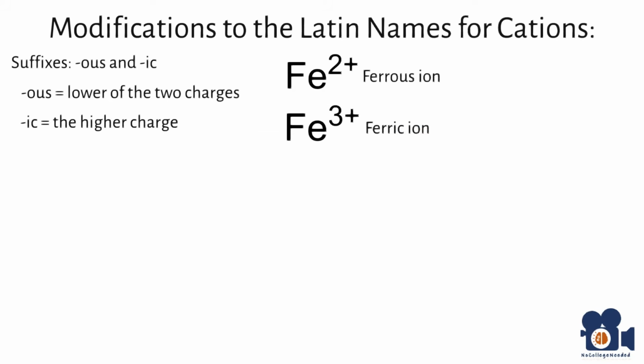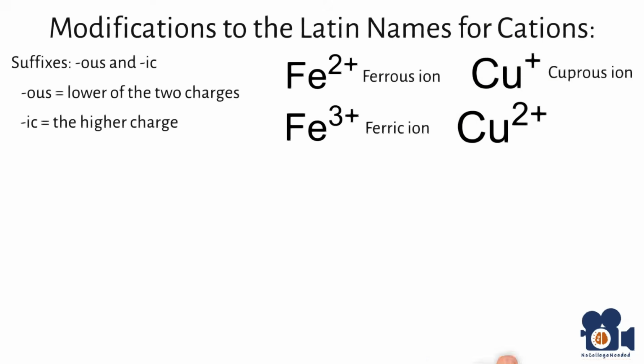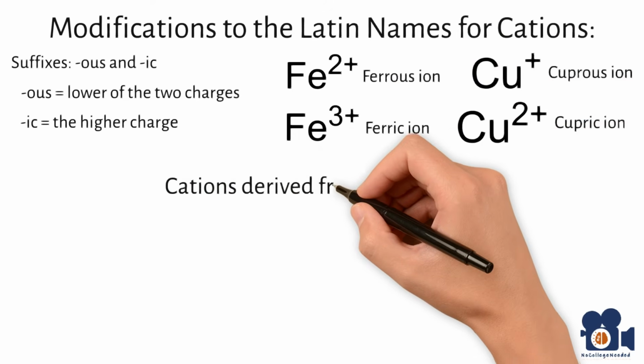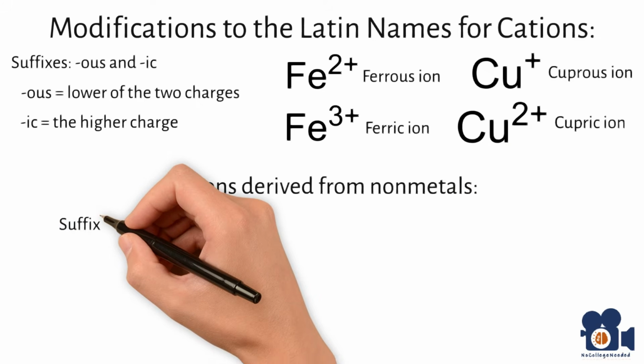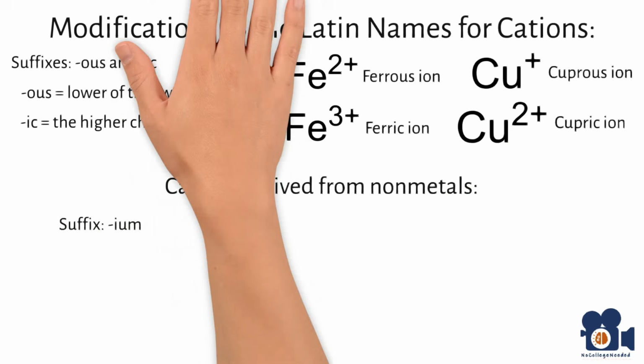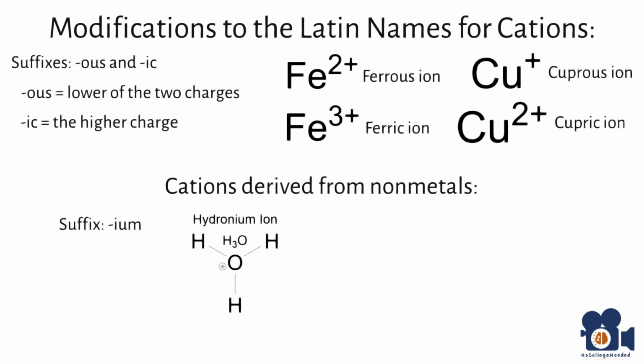Similarly, Cu+ is known as cuprous, and Cu2+ is called cupric. Cations derived from nonmetals are named using the suffix IUM. For example, H3O+ is called the hydronium ion, and NH4+ is referred to as the ammonium ion.